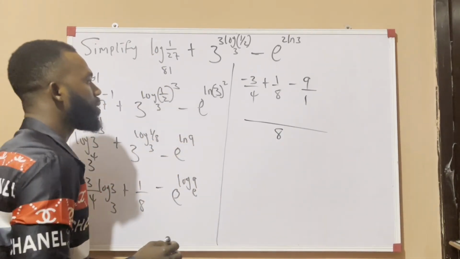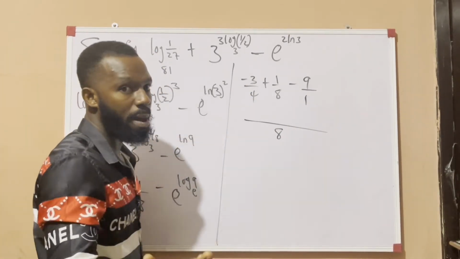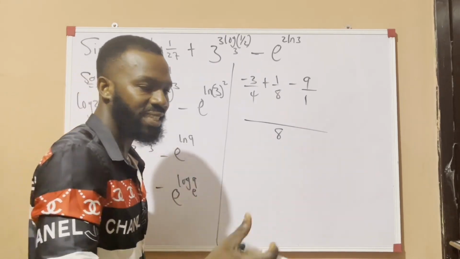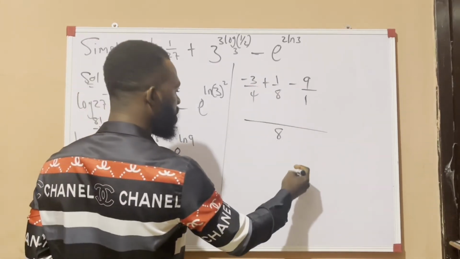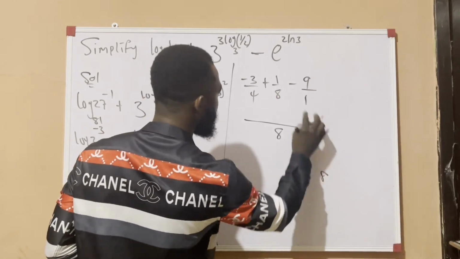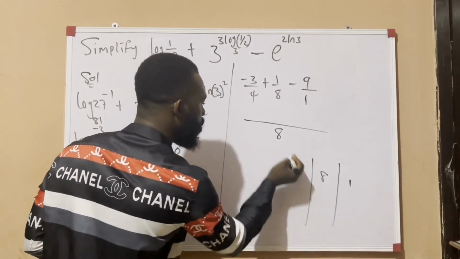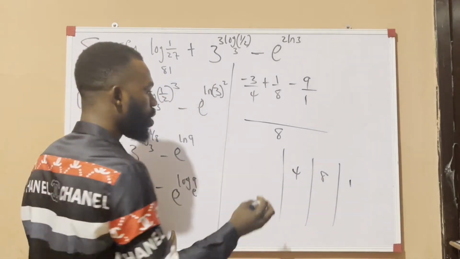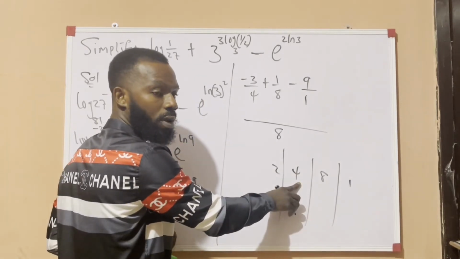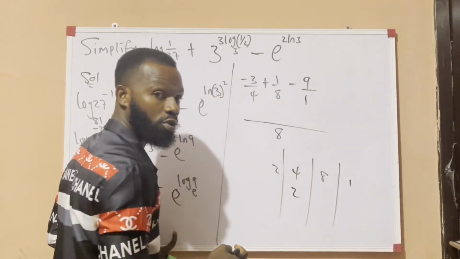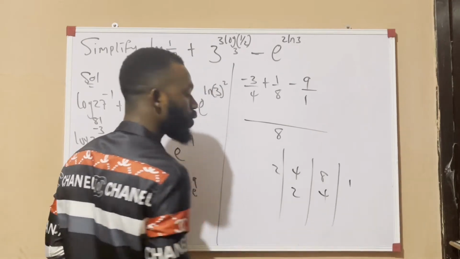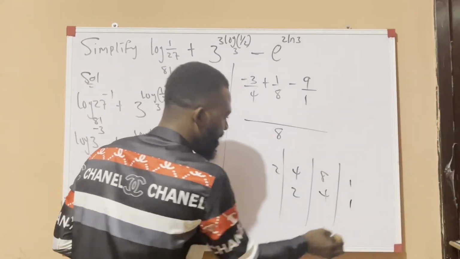So now without wasting time, some of you might be wondering, how did we get 8? It is very simple. Look at what I did. The LCM of 4, 8, and 1. Now what can go into 4, 8, and 1? 2. 2 can go into 4. Now 2 into 4 gives us 2, and 2 into 8 gives us 4. Now there is no, this is our 1, no need.